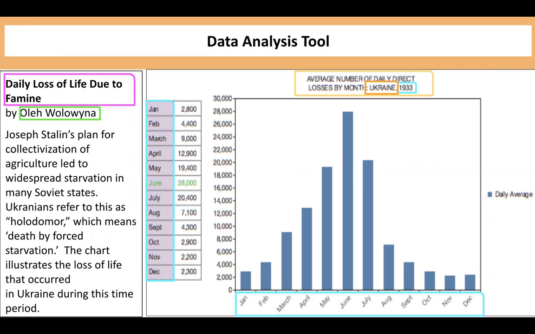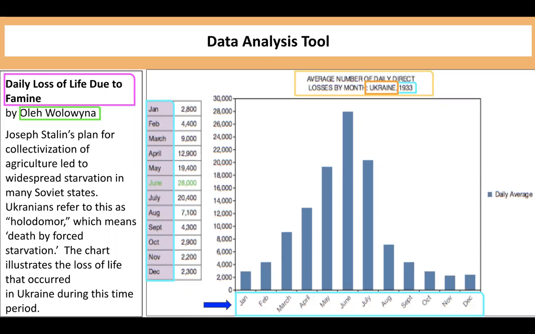And what is this data trying to tell me? One of the ways to do this is to look at the key or the axis. So there's not really a direct key here, but I do have the axis here. So if I look at the x-axis, which is at the bottom here, it's telling me that I should pay attention to these months, that something's going on in the months. So January to December.